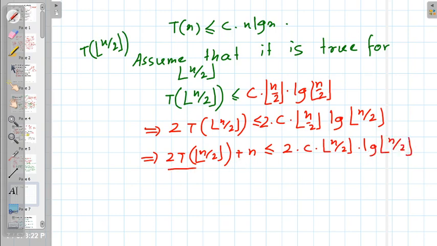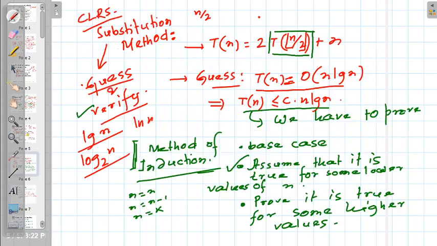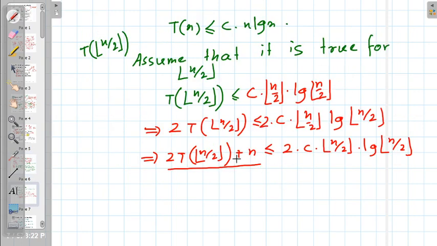Okay, so we have got this, and you see in the previous slide we had this. We'll be substituting that value here. We are starting from this, and then we have got this, and then we will be substituting whatever values I have got, and let's see what is happening. So Tn is equal to 2T of floor n by 2 plus n, and now what we are getting?